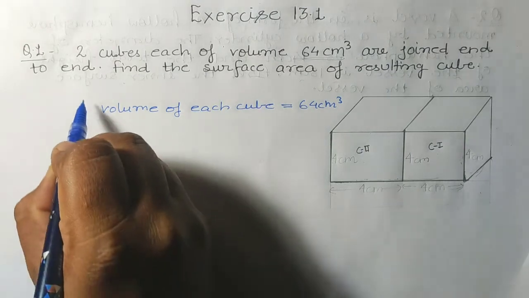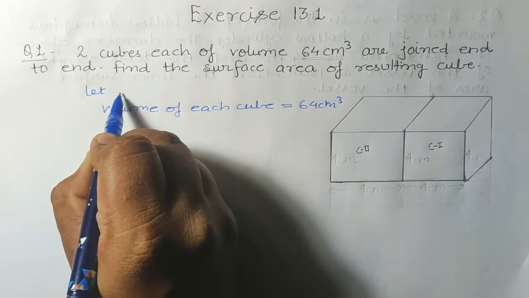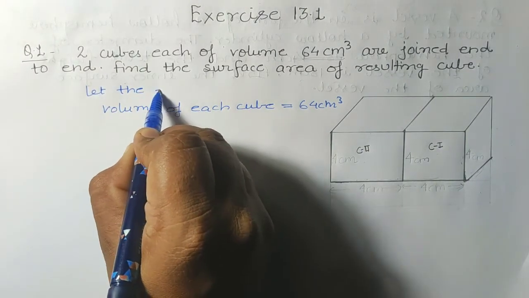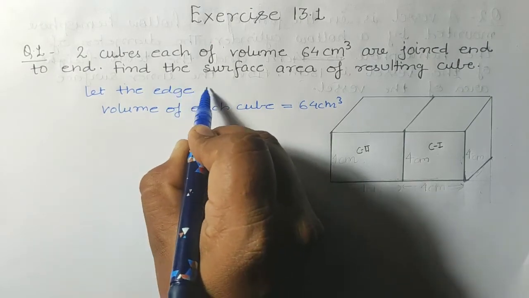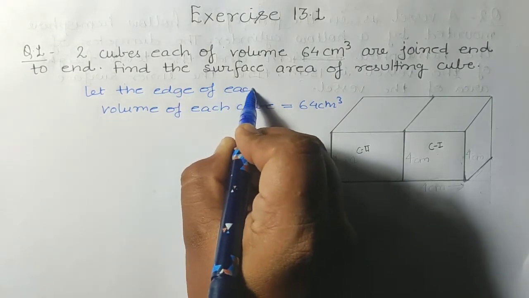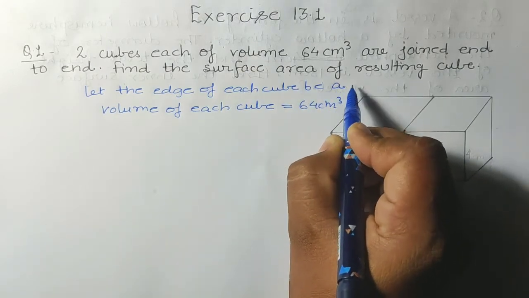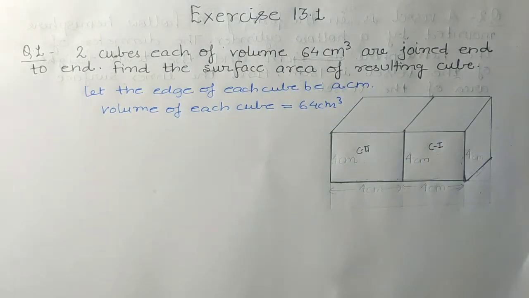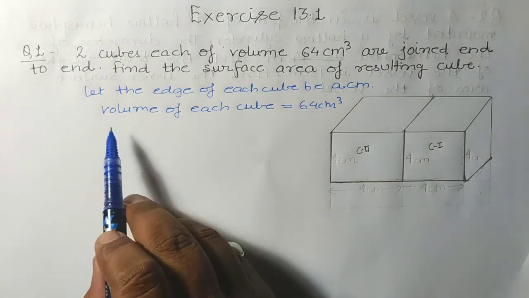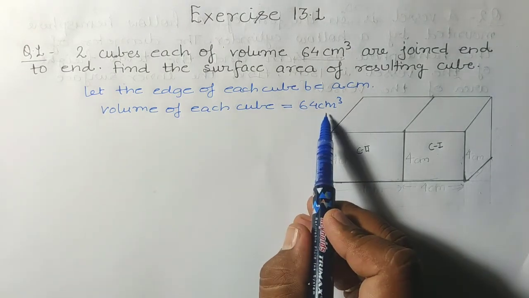Before that you can write, let the edge of each cube be a centimeter. We are supposing that the edge of each cube is a centimeter, and it is given that the volume of each cube is 64 centimeter cube.